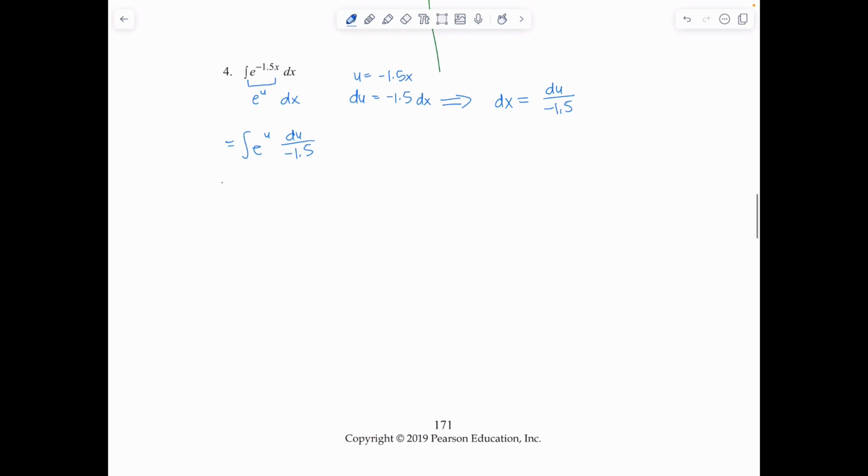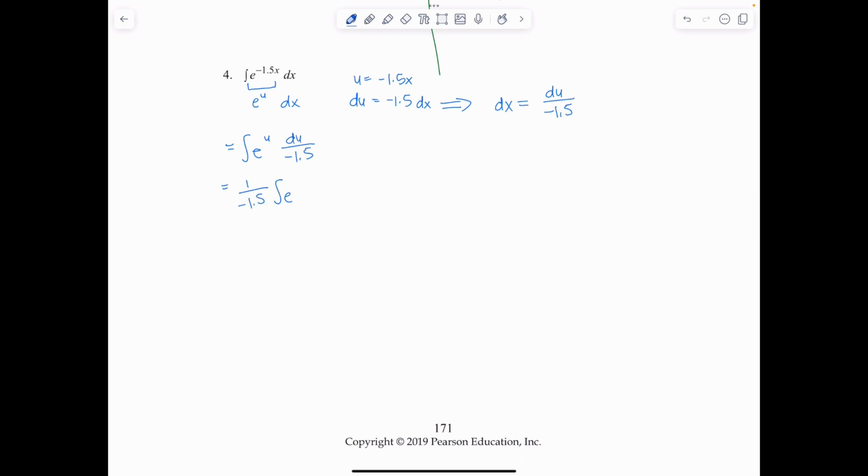So to make this look a little bit cleaner, we'll have 1 over negative 1.5 integral of e to the u du. Now if we divide 1 divided by 1.5, this is just going to be 2/3. So that's what I'm going to be writing.